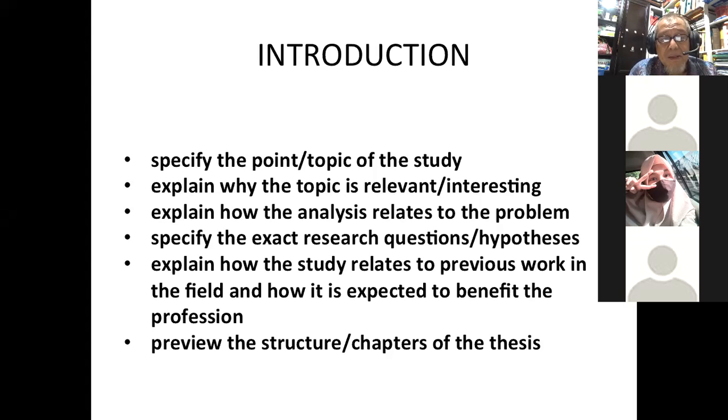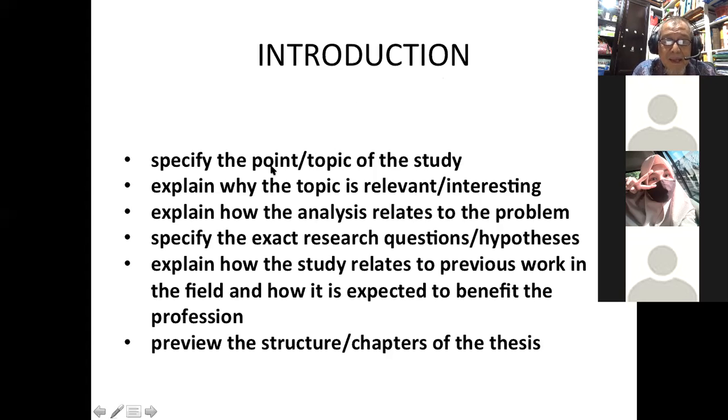You have to be able to specify the topic of the study. For example, if you are doing research on vocabulary, you have to be very clear in the beginning what you mean by vocabulary. So description and definition of the variable should be presented in the beginning of our proposal.